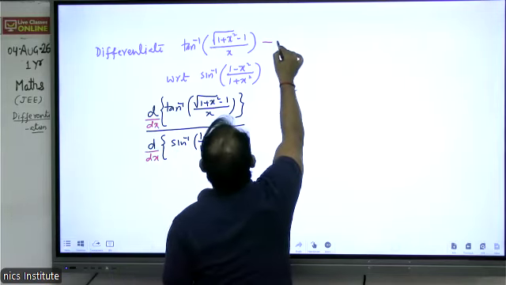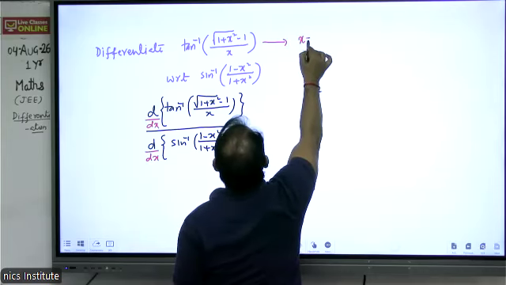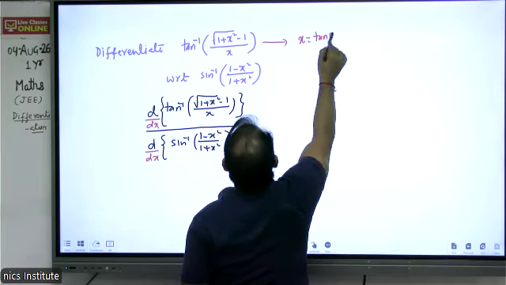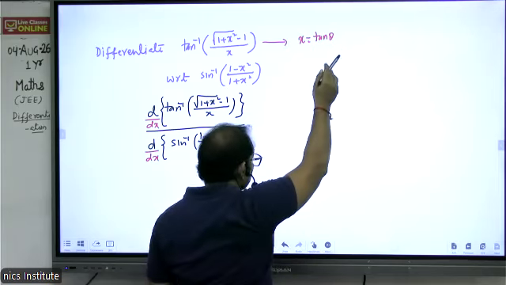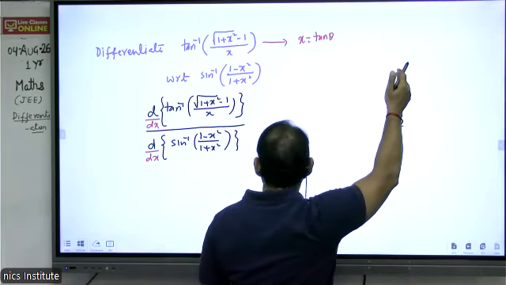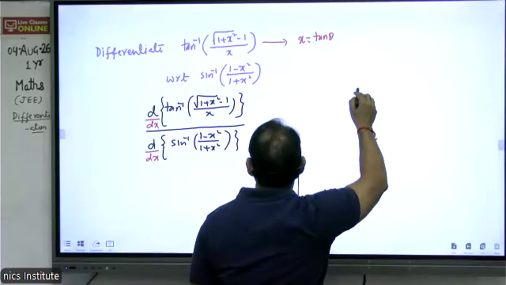So first, you can simplify this. I think you can substitute x as tan theta or cot theta, because 1 plus tan square theta is sec square theta, and 1 plus cot square theta is cosec square theta.